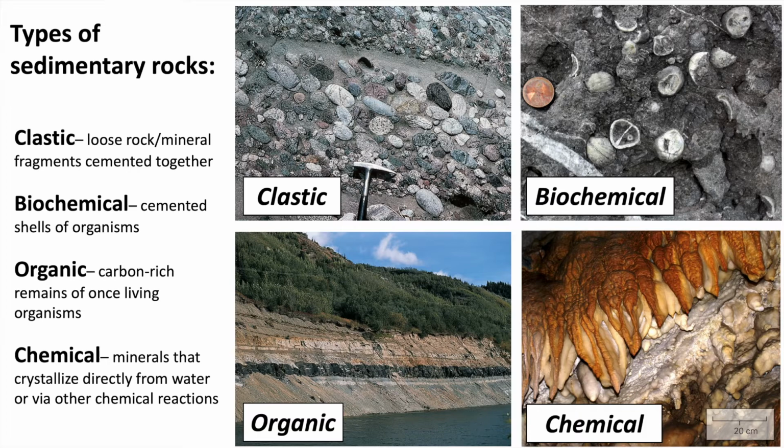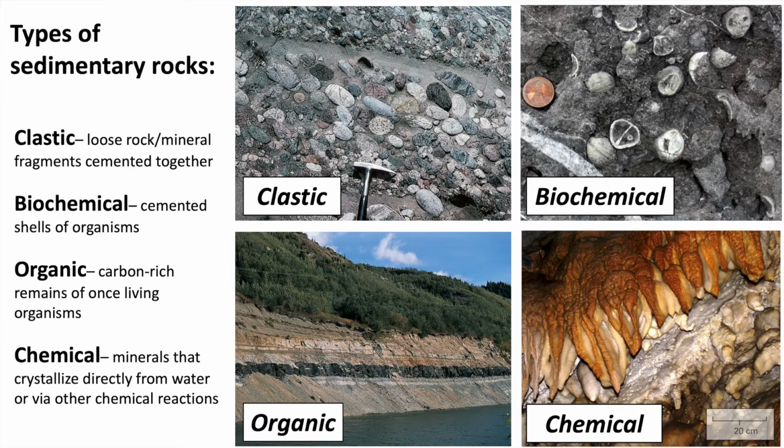Our organic sedimentary rocks are going to be carbon-rich remains of once living organisms. So rather than being the shells of organisms, instead we're thinking of the guts of organisms, where only the carbon is left behind. Coal is going to be a good example of an organic sedimentary rock.